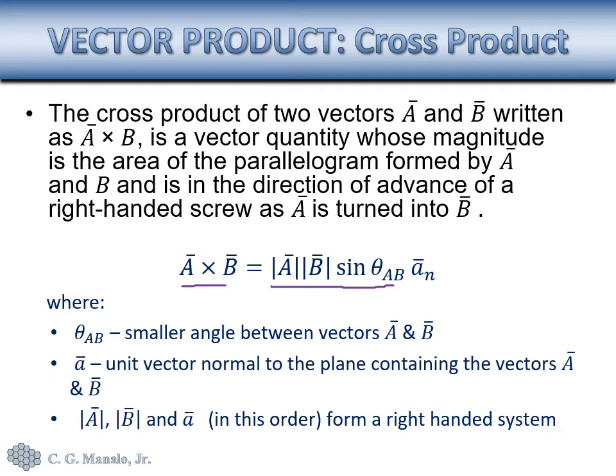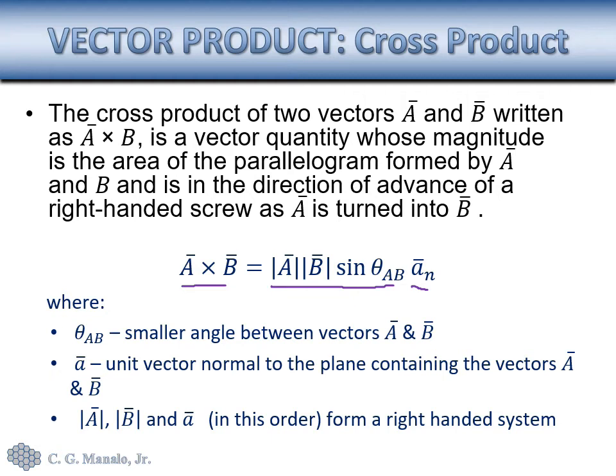Now, the direction of the resulting vector would be the direction of a unit vector, which is based on the right-handed screw. So, for example, I have a screw and I turn the screw in the direction from vector A to vector B. Whatever the direction of that screw will be the direction of the resulting vector.